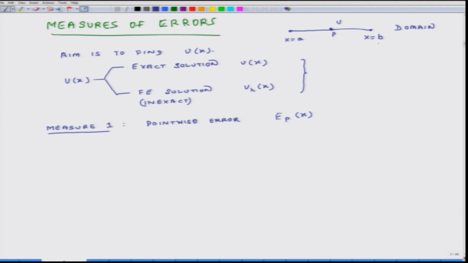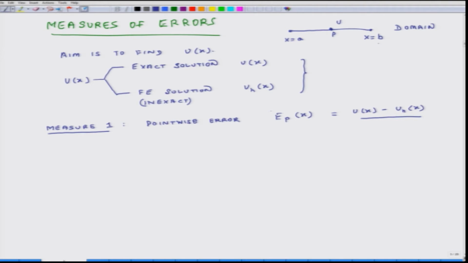So, what is this point-wise error? It is just the difference between u, the exact solution, minus the FE solution. So, that is my point-wise error. What does it mean? From point to point, the value of this error will change.